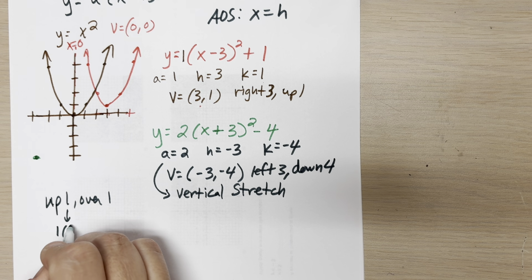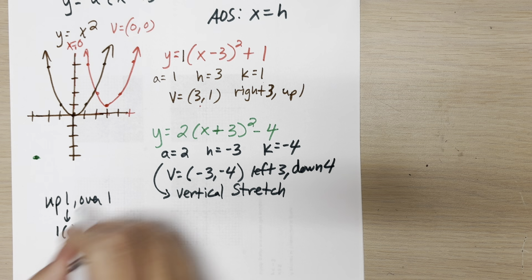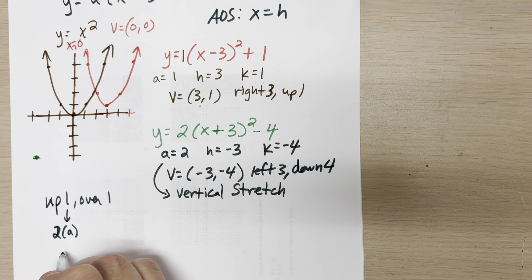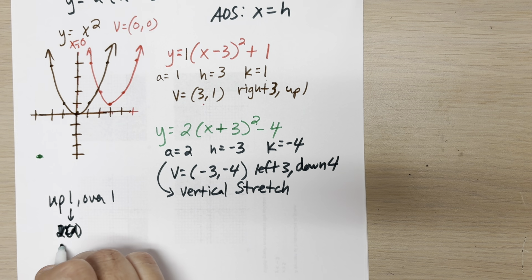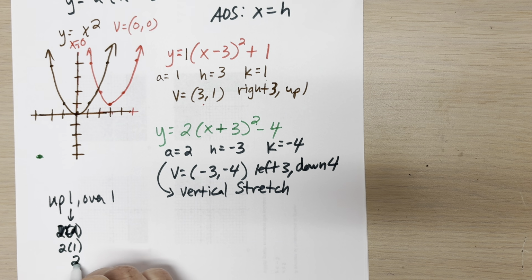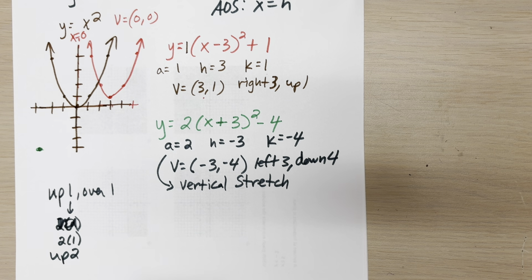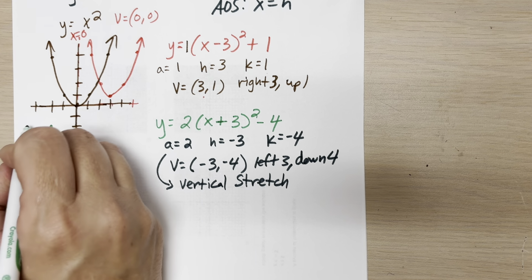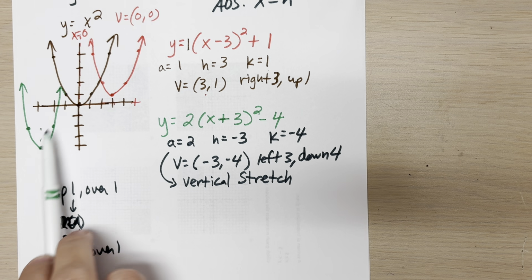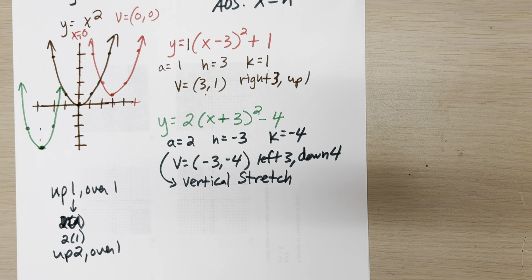Oh my gosh, I got that completely backwards. 2 times 1 is 2. So I'm going to go up 2 over 1. It's been a long day, can you tell? So from this point, I'm going up 2 over 1. And I'll do 1 over this way too. And you can see your graph. So this one's a little bit more narrow than what's going on there.